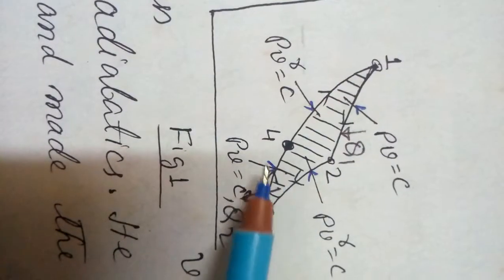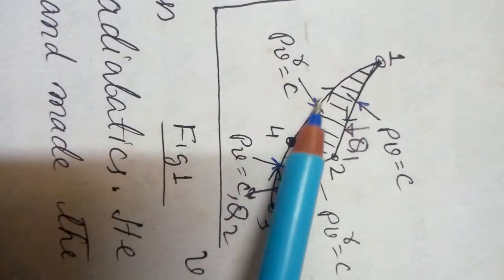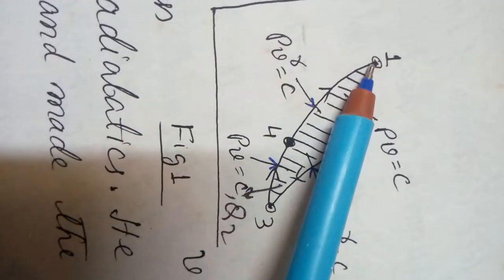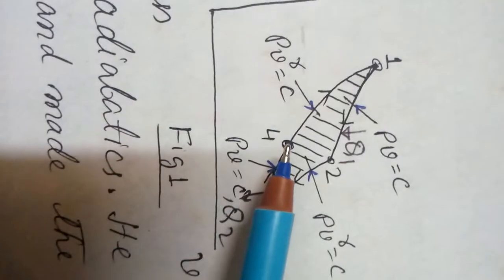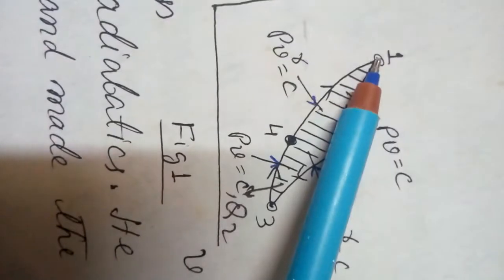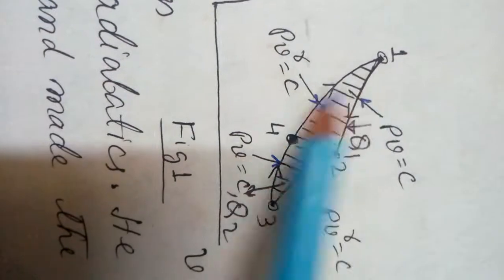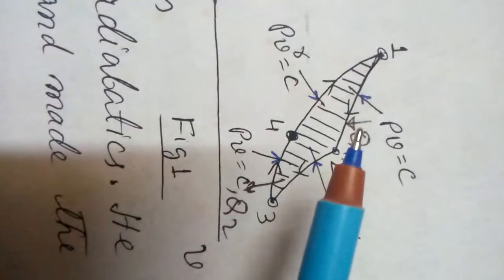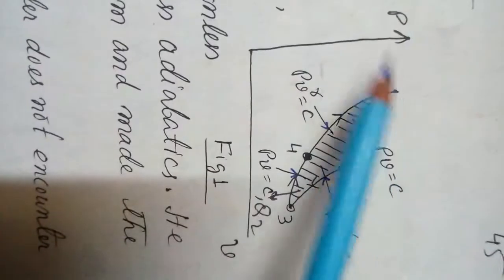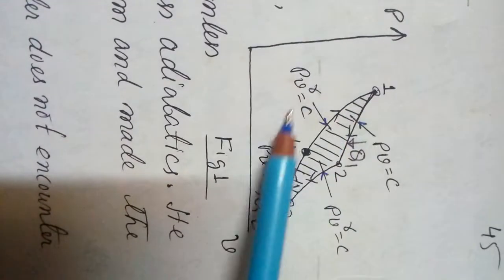Now from this point to this point, again compression, frictionless adiabatic compression. So these are all frictionless processes. So PV to the power gamma is equal to constant. This is again constant. This is the PV diagram of that Carnot cycle.